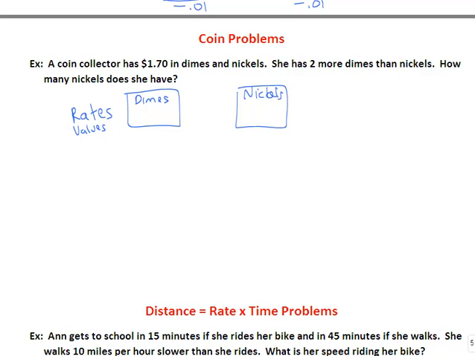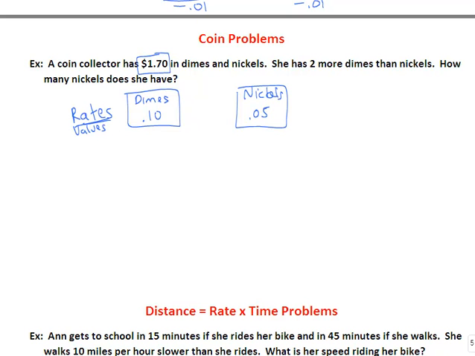It's worth 10 cents. Now should I put 10 here or should I put 0.10? I'm going to use 0.10 because in the original problem I'm talking about $1.70. So a dime in dollars is $0.10. So make sure your units are consistent. Nickels, well, nickels are worth 5 cents or $0.05. So I'm going to use 0.05 for my rate.